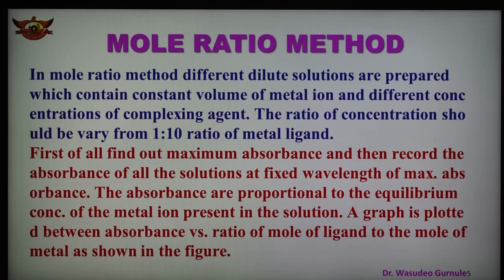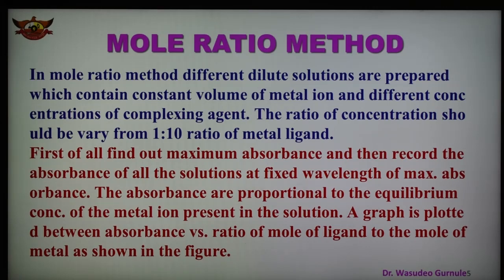First of all we have to find out the maximum absorbance, that is known as lambda max. By taking any one solution out of the 10, we have to find out the lambda max, that is maximum absorbance, and we have to record the absorbance of all the 10 solutions at this lambda max.